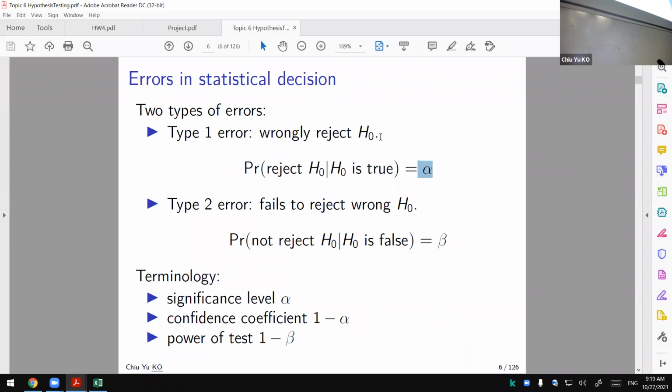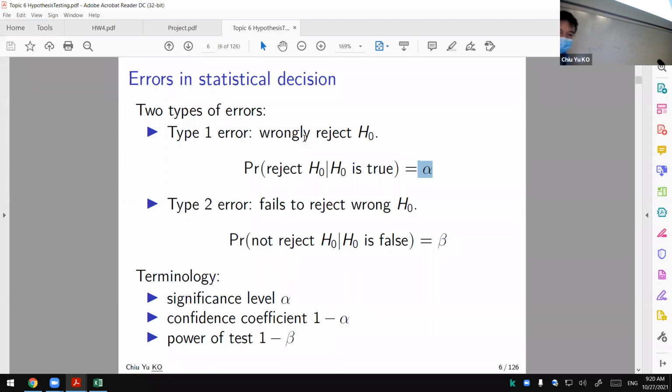It can be wrong in many ways, maybe here or there, but it's wrong and you can't really reject it. That is beta. We define 1 minus alpha as the confidence level, which is the same as what we learned in estimation, and 1 minus beta is called the power of the test.